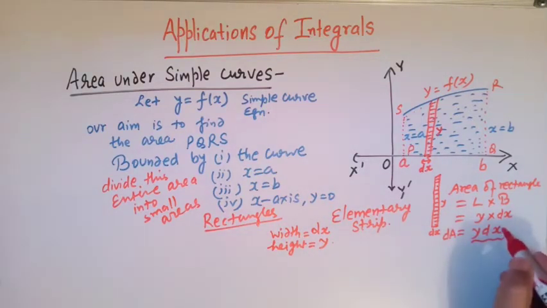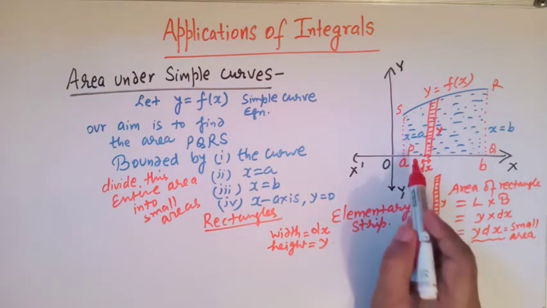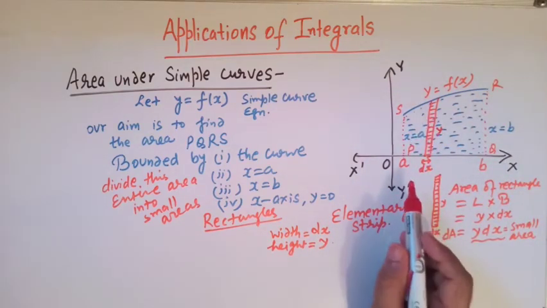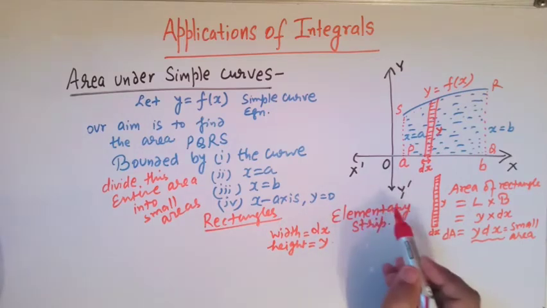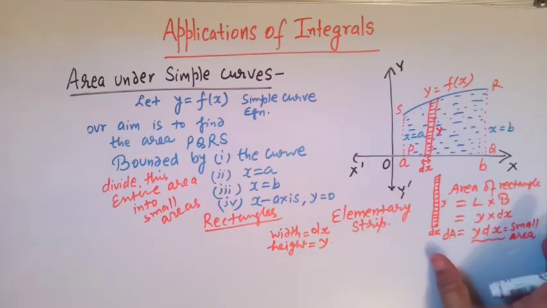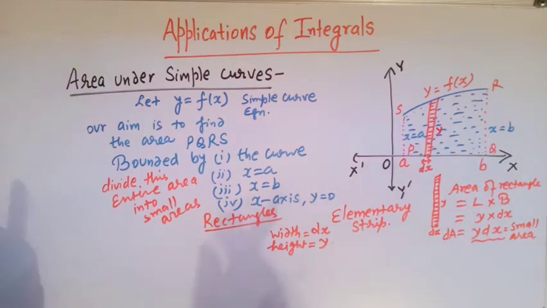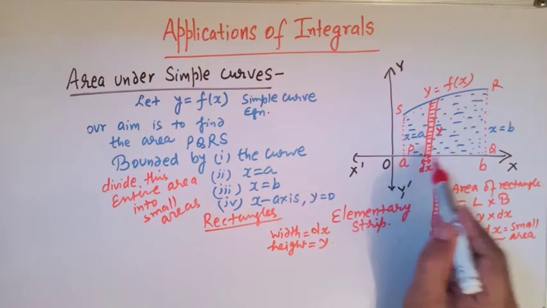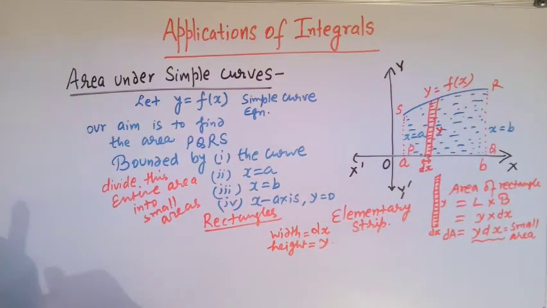Clear? So this is a small area, and when we divide this region PQRS into infinitely many such small rectangles, then if we take the sum of all those areas of elementary strips, we get the total area of this region, that is PQRS.